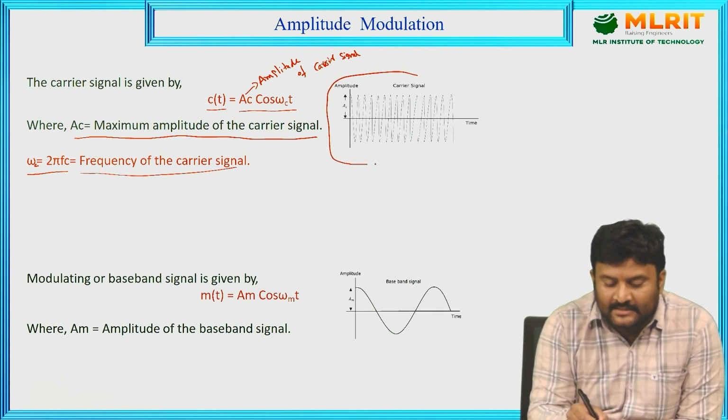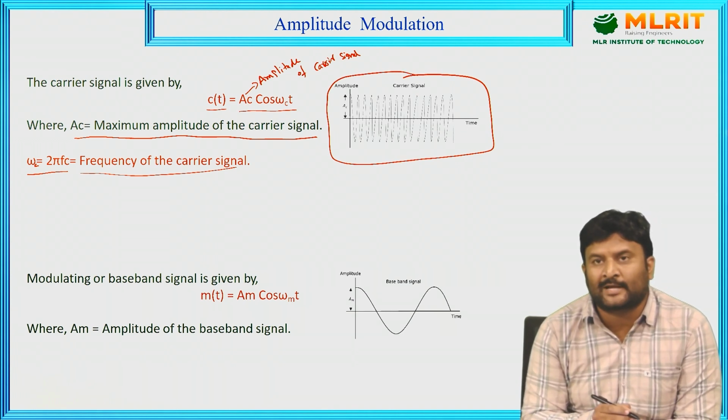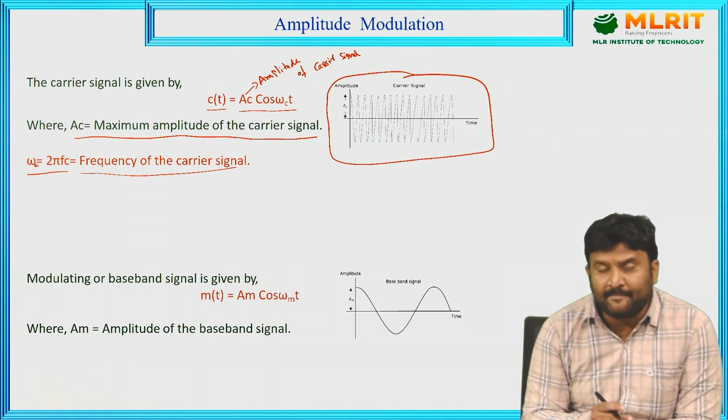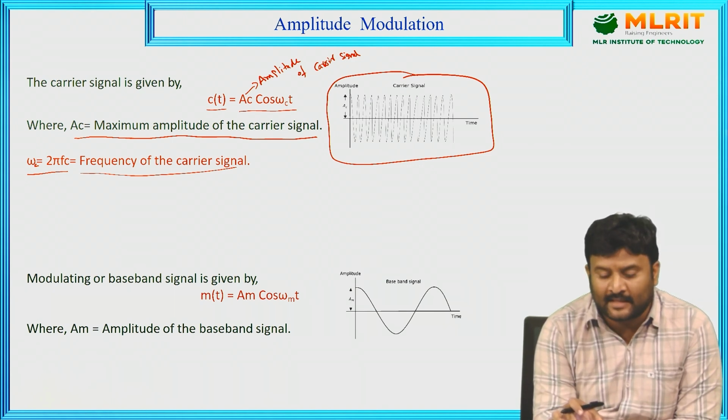Graphically, the carrier signal should look like this, because the frequency is inversely proportional to time period. Once the time period is very small, the frequency is more. That's why for a high frequency signal, the representation should be like this.